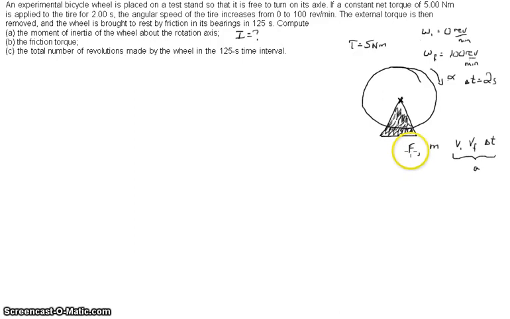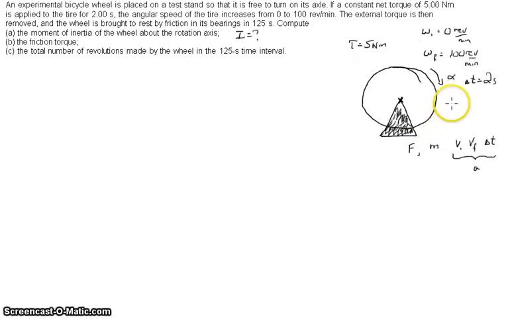Looking at this carefully, we can actually approach this two different ways. We can look at this in terms of Newton's second law, forces divided by mass is equal to acceleration, or we can look at this in terms of impulse and momentum. Force exerted over a period of time will cause a change in angular momentum. Both will get you the same exact answer. I'm going to use Newton's second law of rotation because if we look a little bit later on in the question, they are asking for the number of revolutions made.